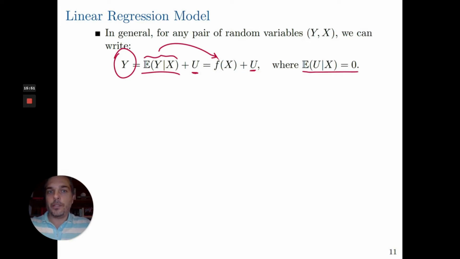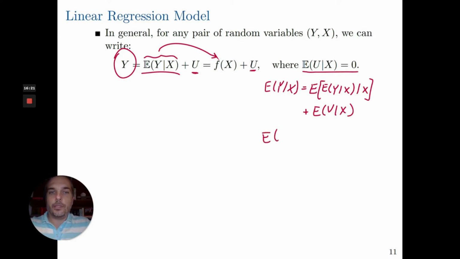Right? How can you see that? Well, take the conditional expectation of y given x. This is the conditional expectation of the conditional expectation given x, plus the conditional expectation of u given x.